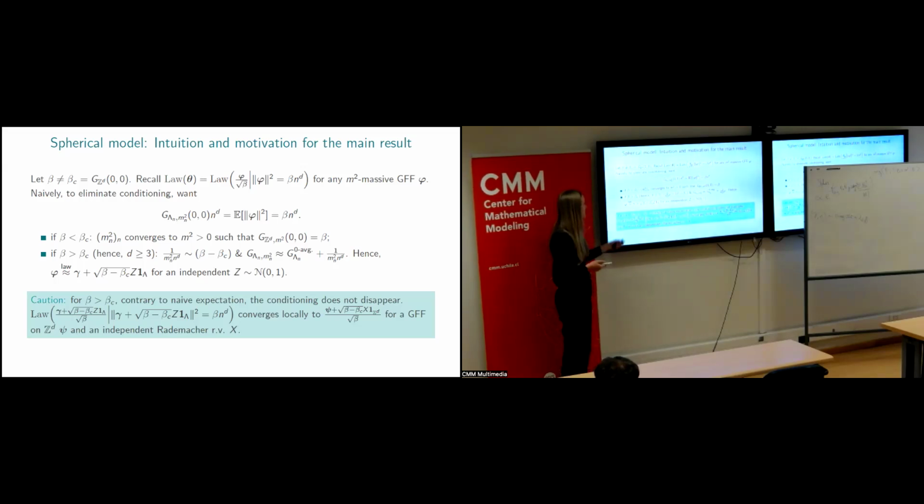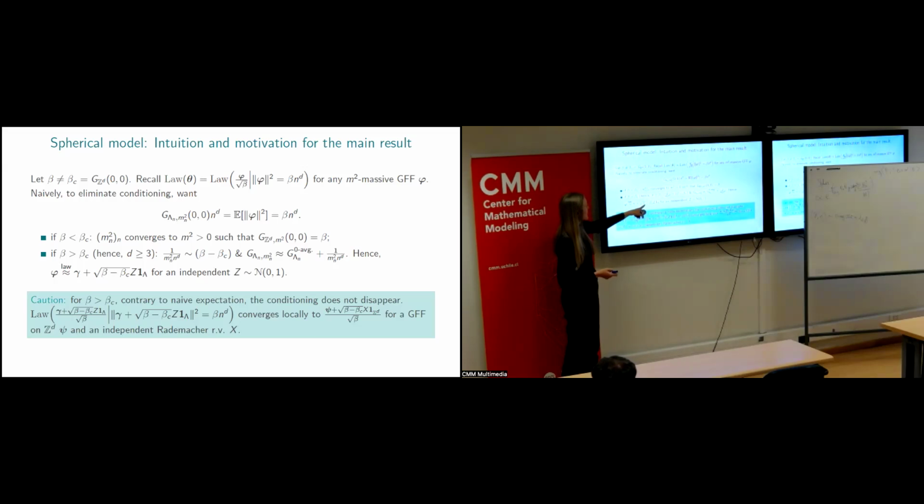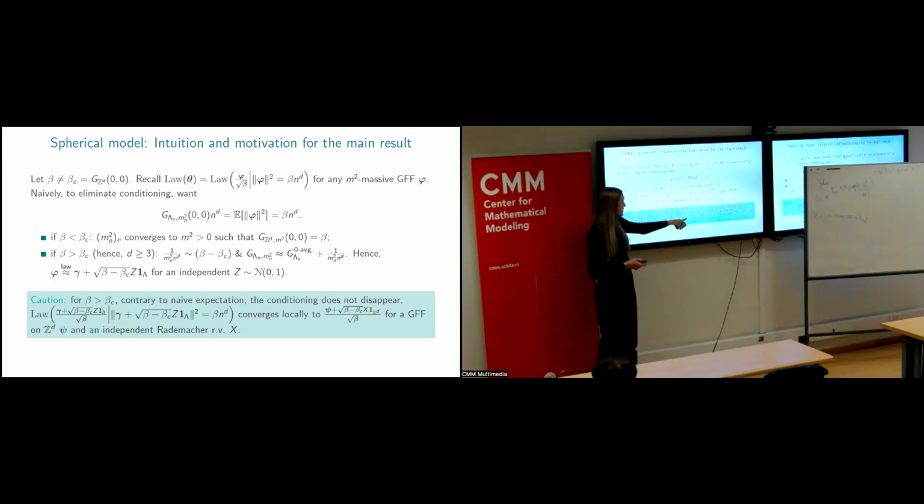Because if beta is greater than beta critical, contrary to the naive expectation that this would be sufficient to eliminate the conditioning, it's not. If we start working with this object instead, we basically end up with this conditioning.